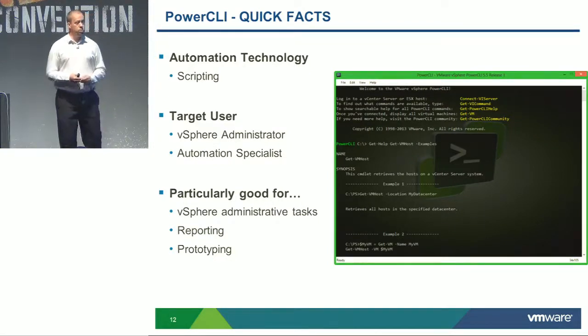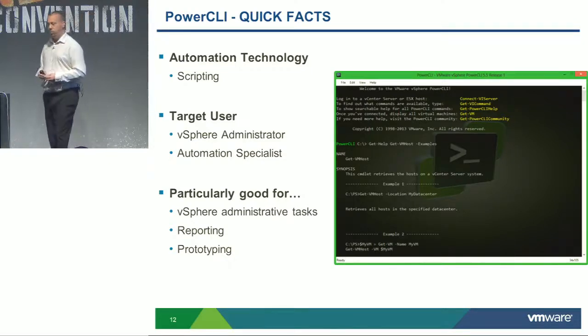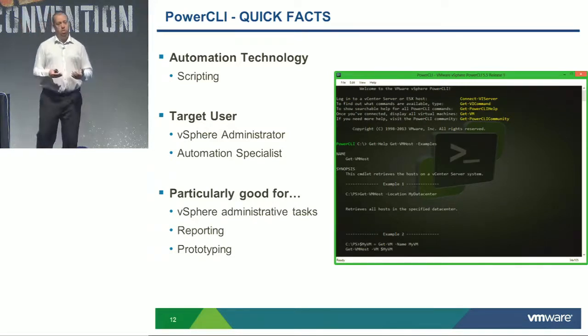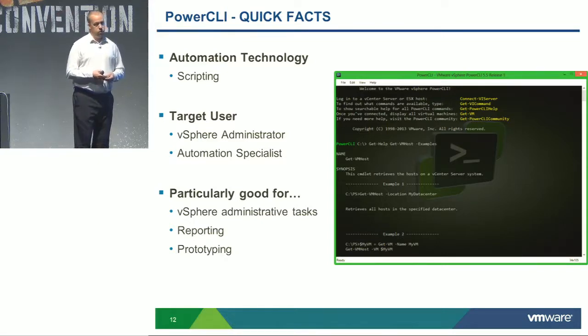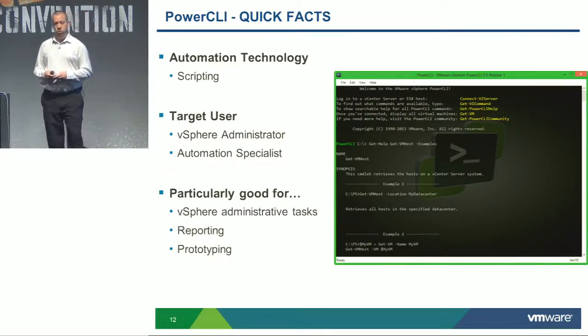It's also great for reporting as well. It has some inbuilt functions that allow you to export that information. The people that tend to use this are the system administrators, the people that have been managing the VMware infrastructure for a long time. They're getting bored of pointing and clicking each time, so they'll write a quick script to get over what they did before.